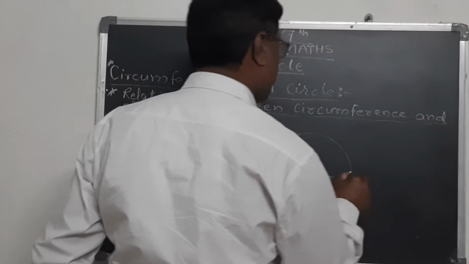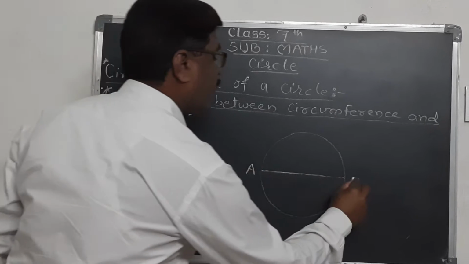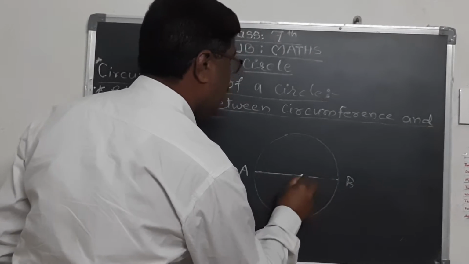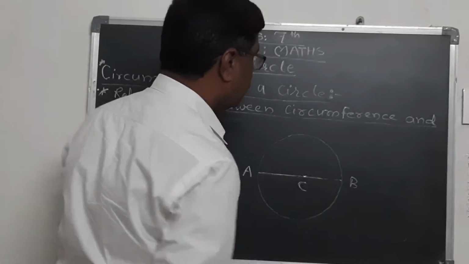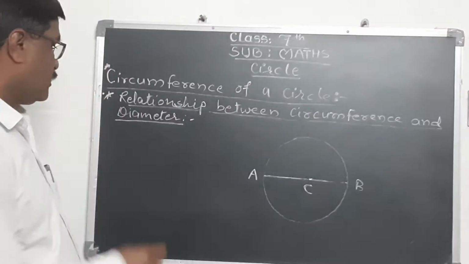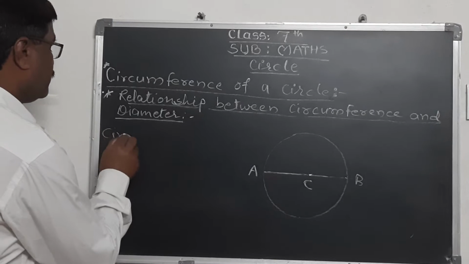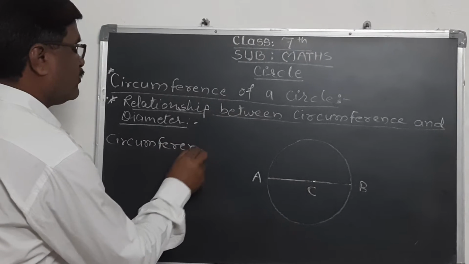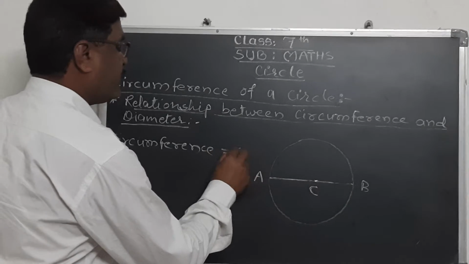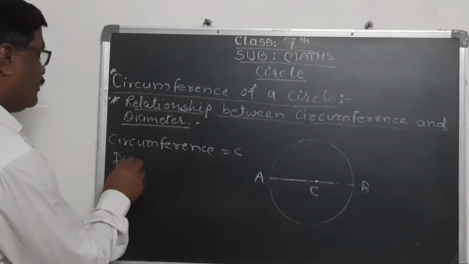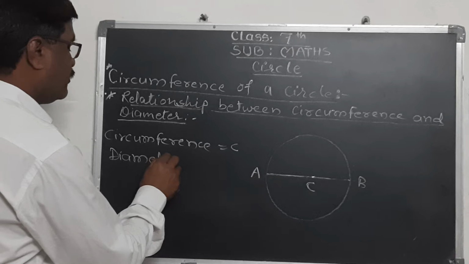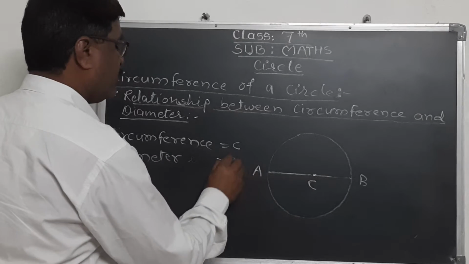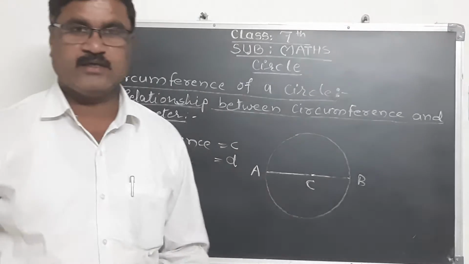Suppose AB is the diameter and C is the center. Then circumference is denoted by C and diameter is denoted by D, isn't it?